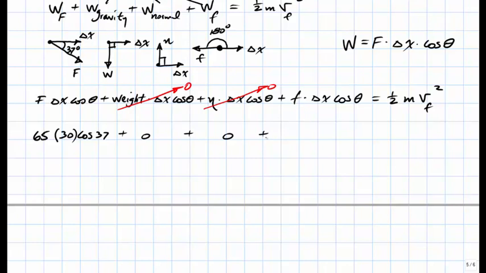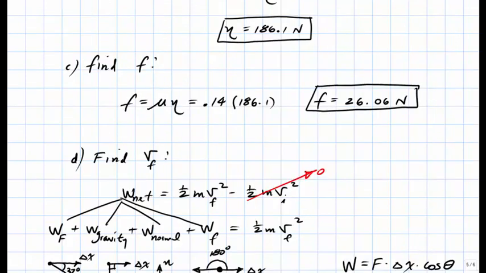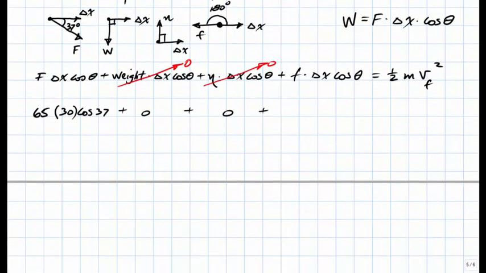And finally, the force of friction was calculated as 26.06. The displacement is 30, and the angle between friction and the displacement, as we noted right here, equals 180 degrees.